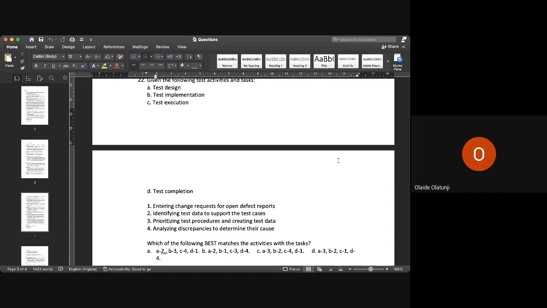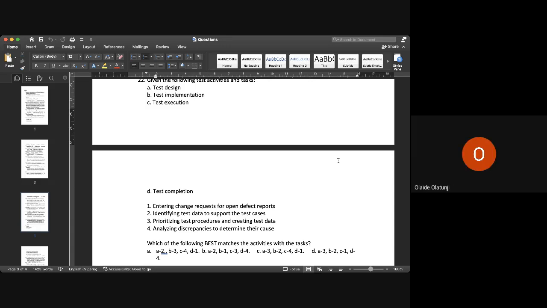But test execution can be prioritizing test procedures and creating test data. The test execution, that's C. Yeah, I was trying to.